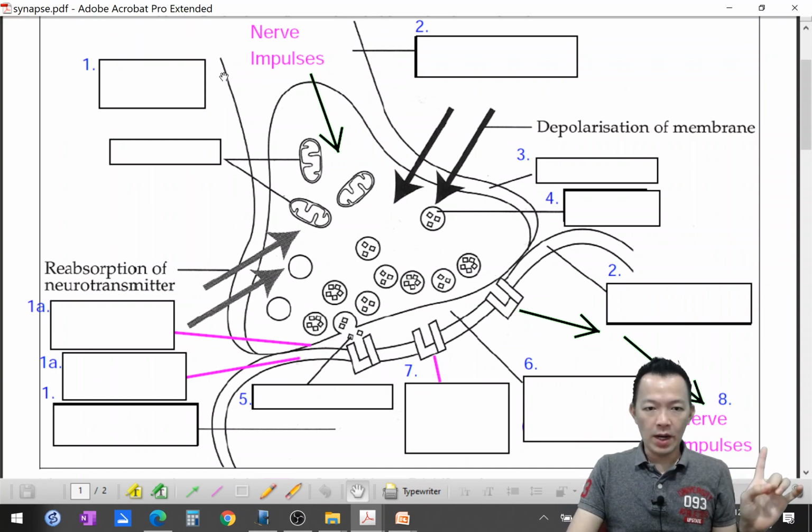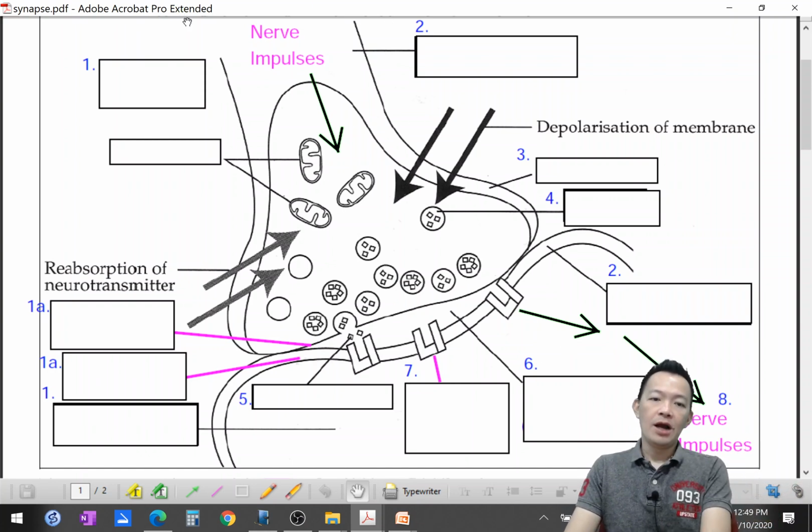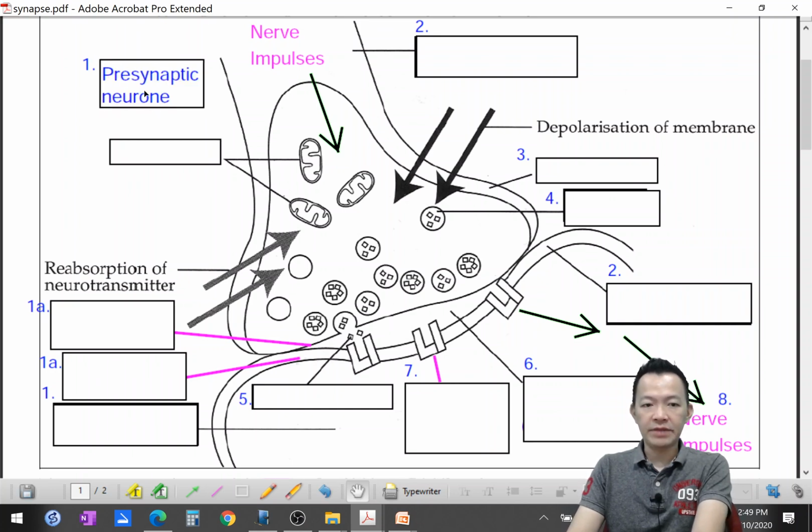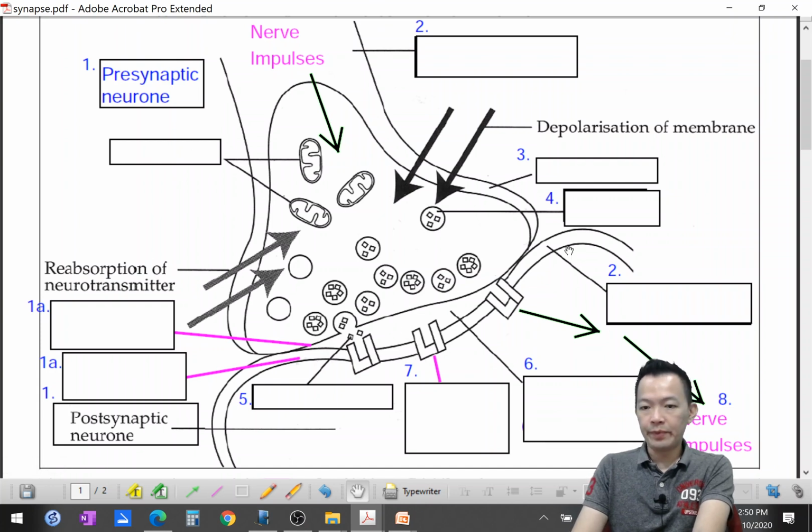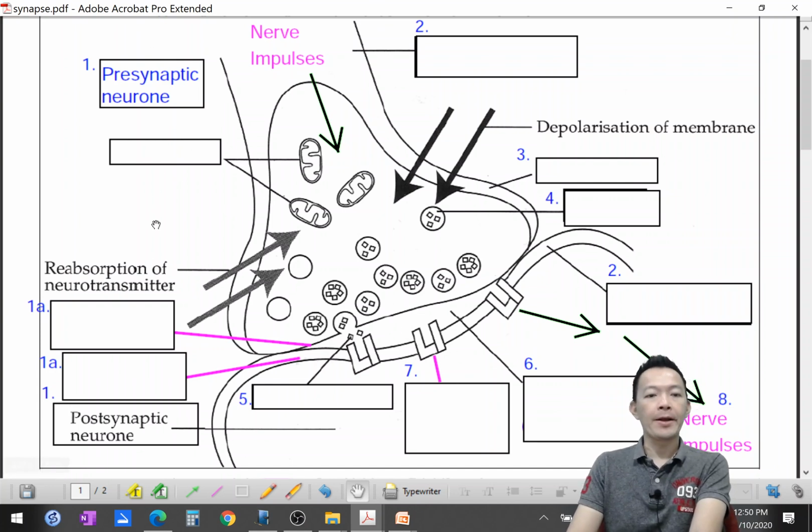So how is the nerve impulse transmitted across the synapse? Number 1, 1号，这个是谁来的？This is the axon of one of the neurons, 讯息从这边来，送走的就叫 axon. So presynaptic neuron, synapse 之前的一个 neuron. This is the neuron after the synapse, the postsynaptic neuron, synapse 过后的另外一个 neuron, 中间有一个缝就叫 synapse.